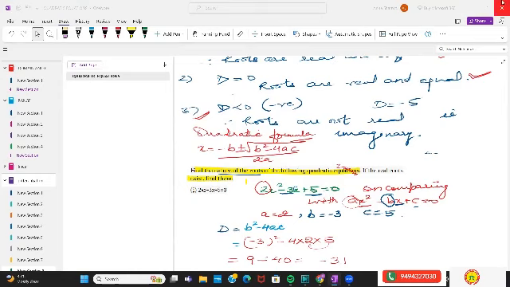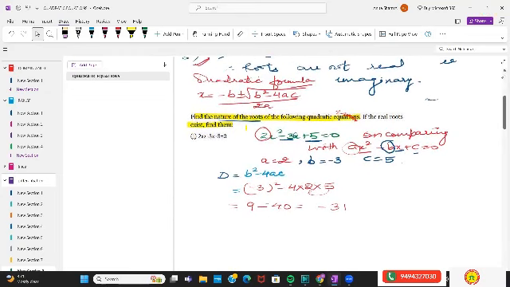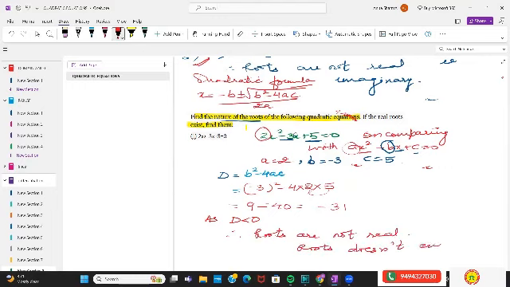Because your discriminant comes negative. Right? So roots will be imaginary, not real roots. So you will write: as discriminant is less than 0, therefore roots are not real, roots don't exist.